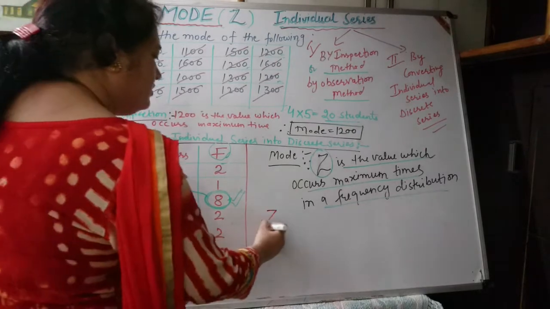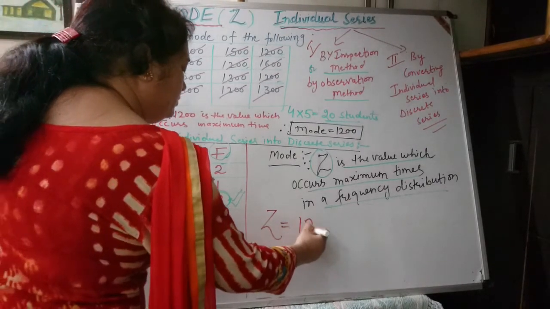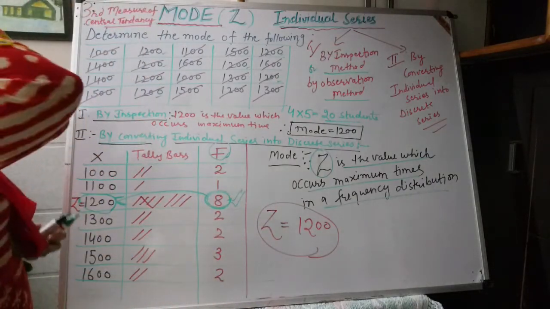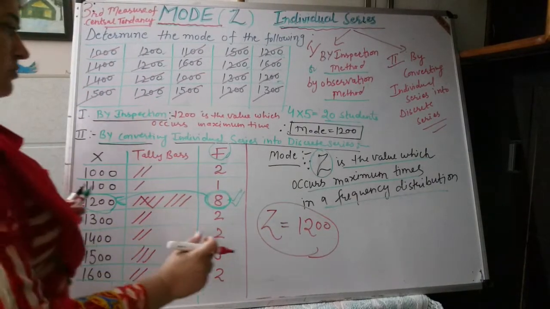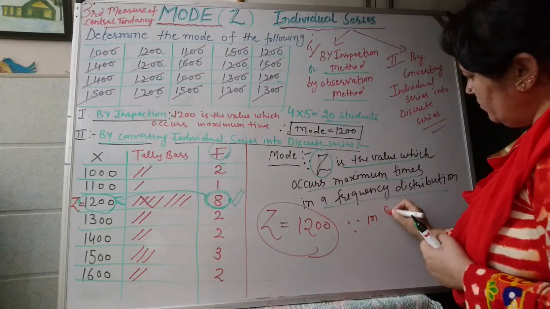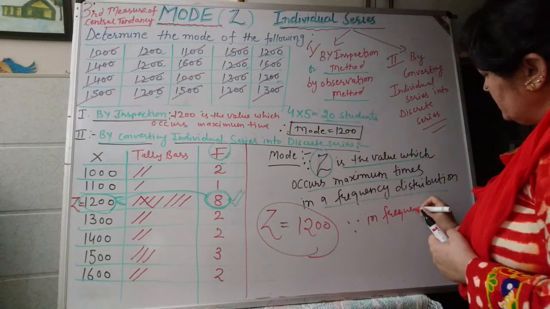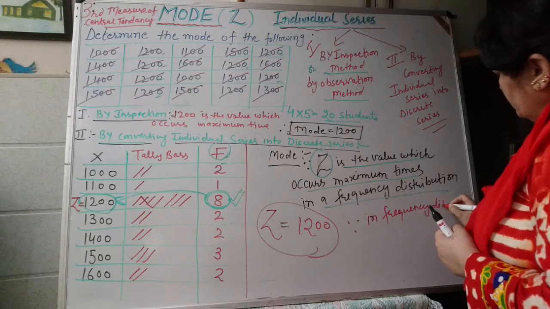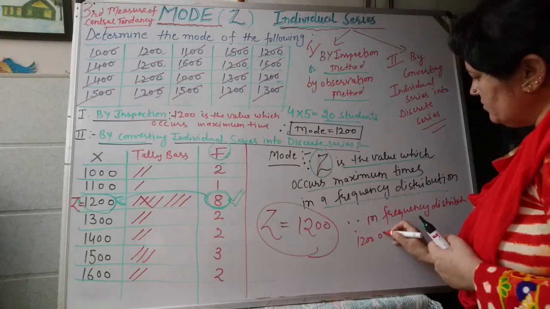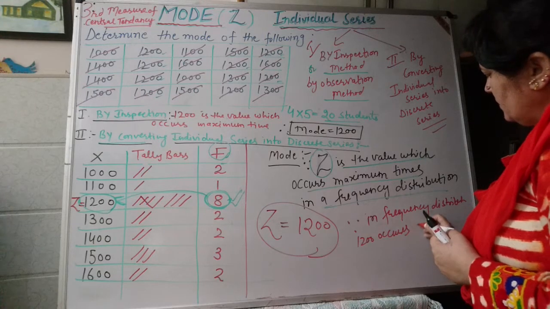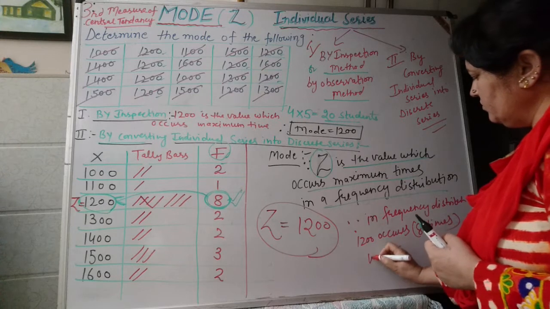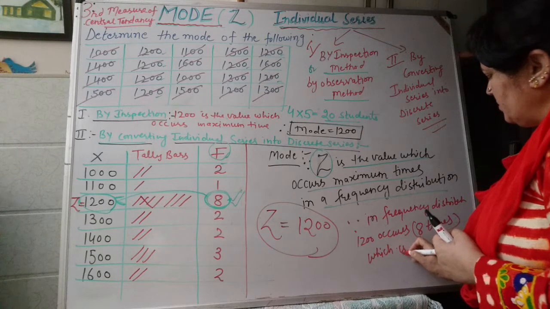So here the value of mode is equal to 1200, because in the frequency distribution 1200 occurs 8 times, which is maximum.